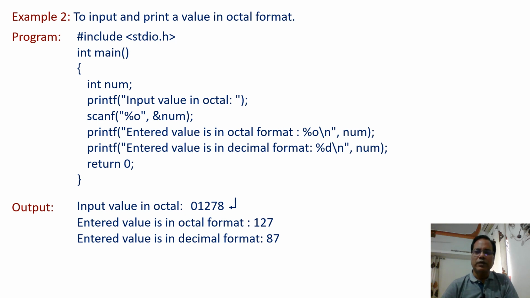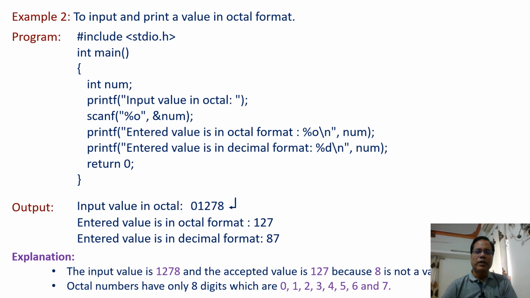Why is it so? The input value is 1278 and the accepted value is 127, because 8 is not a valid octal digit, because in an octal number we use only digits from 0 to 7. That's why this 8 is discarded by the compiler.